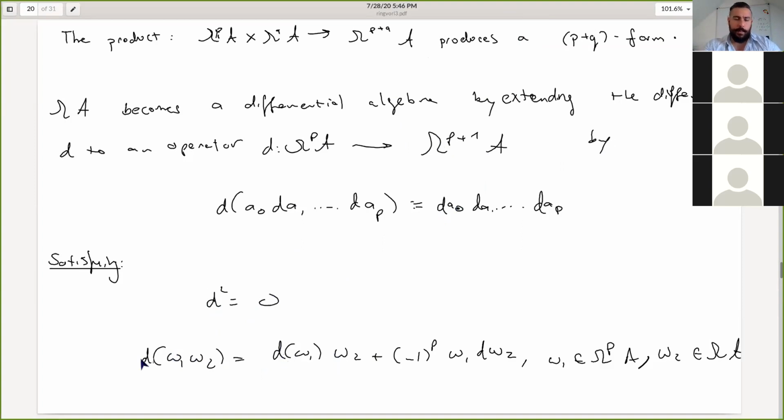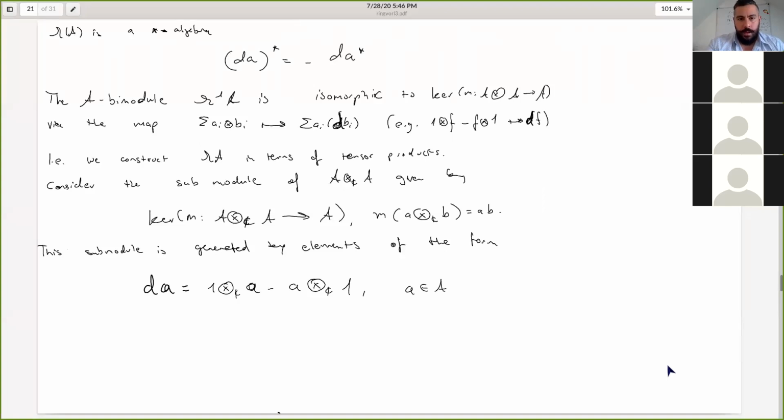So when you apply d on omega 1 omega 2, it is d omega 1 times omega 2 plus minus 1 to the p omega 1 d omega 2, where omega 1 is a p form and omega 2 is any differential form. Omega A is also a star algebra, so d of A star is equal to minus d of A star. I don't want to go too much into this. There's a proof for this, and it's actually very easy to do. Maybe you can do it yourself.